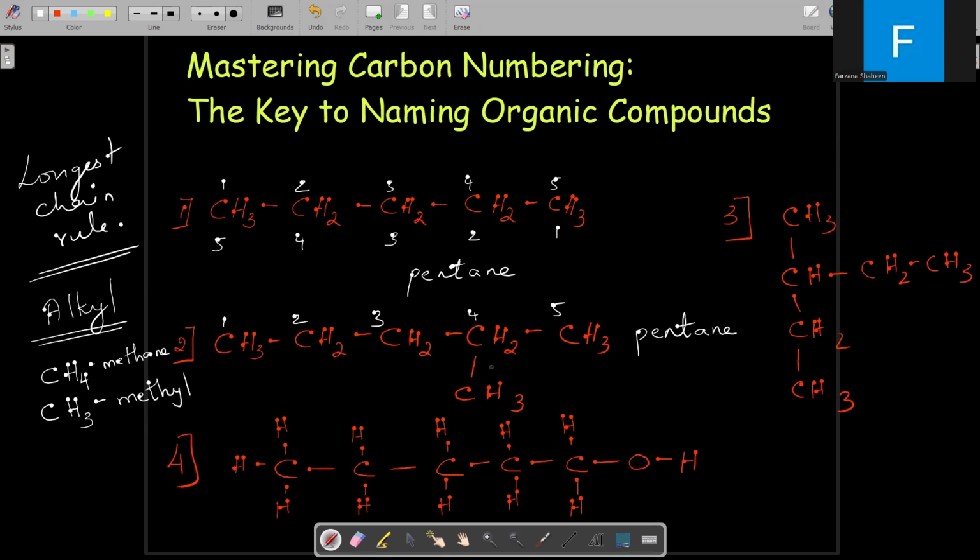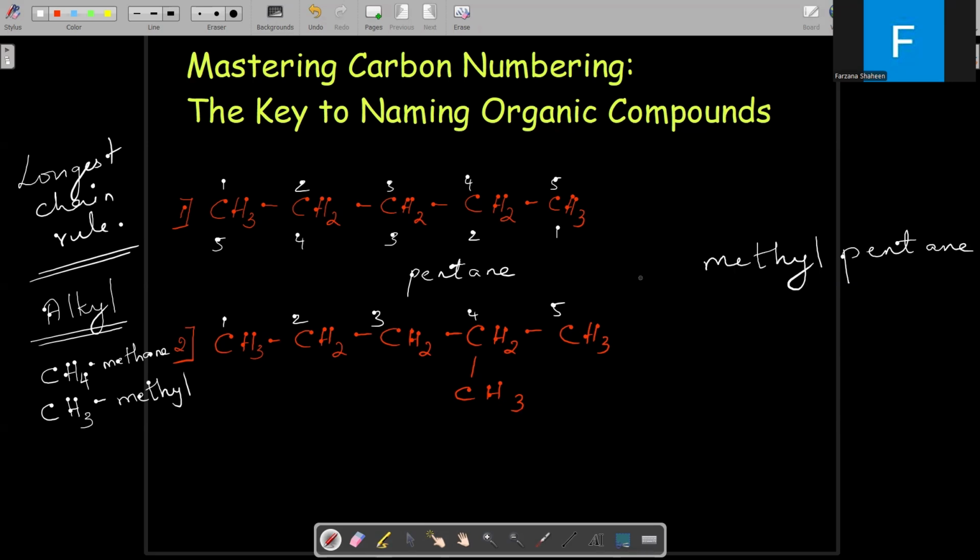So the position needs to be specified. So if you see, let's take this off now. And we need to put the substituent first. So the methyl group, the substituent, needs to be put first. And then we saw it is pentane. We need to specify the position of the carbon to which it is attached.